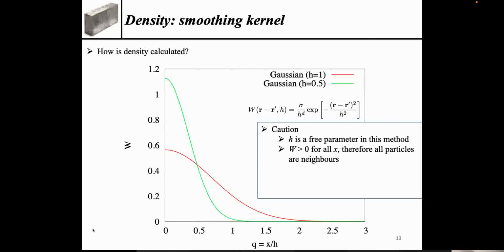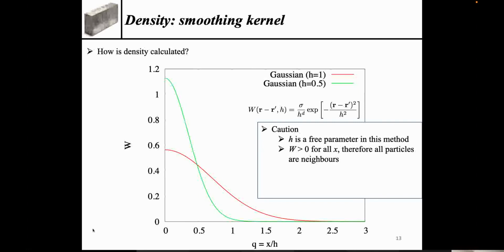Now, in numerical methods, that means we have to perform an n-squared calculation. And that gets both very expensive and somewhat pointless, because if your particle is really far away, it will contribute some, but it'll be a negligible amount.